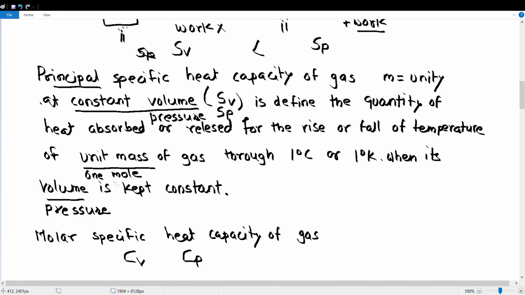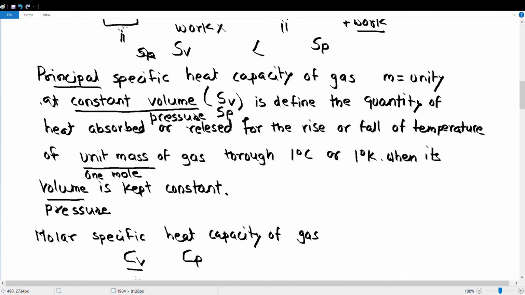Now let us see the definition. The molar specific heat capacity of a gas at constant volume is defined as the quantity of heat absorbed or released for the rise or fall of temperature of 1 mole of gas through 1 degree Celsius or 1 degree Kelvin when its volume is kept constant.